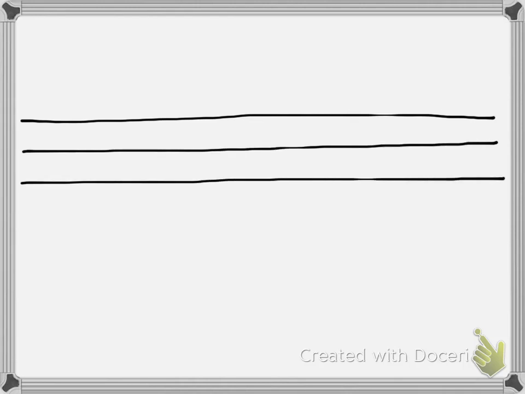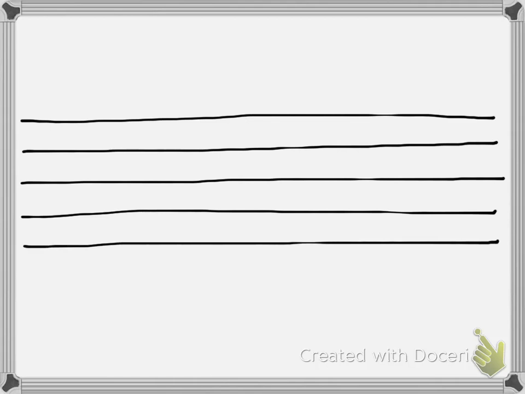I'll have a new slide here, and I'll show you that you can also have notes that appear above and below the staff. And I'm assuming you're familiar with the treble clef, hopefully by now, if you watch these in order. So there's our bass clef. If we want to have notes above the staff, let's put a note right there.